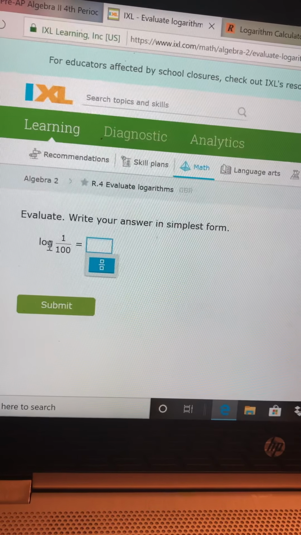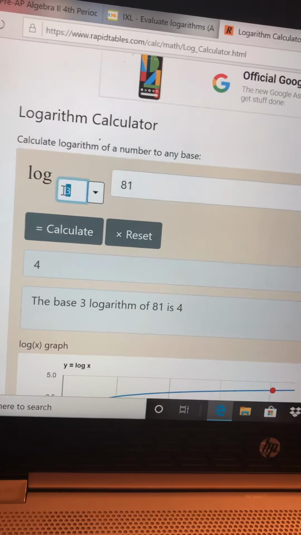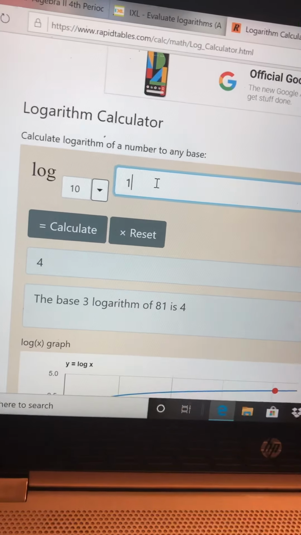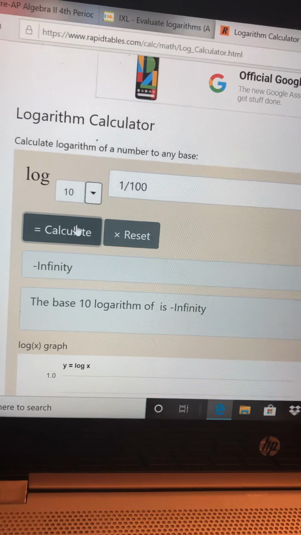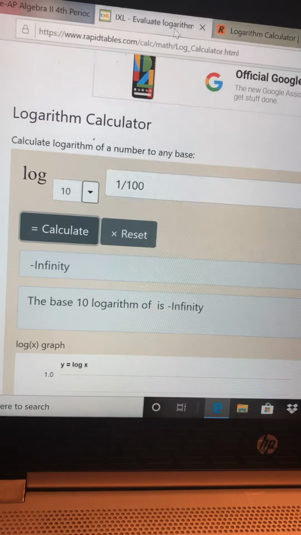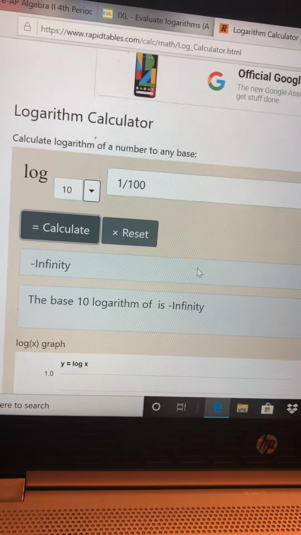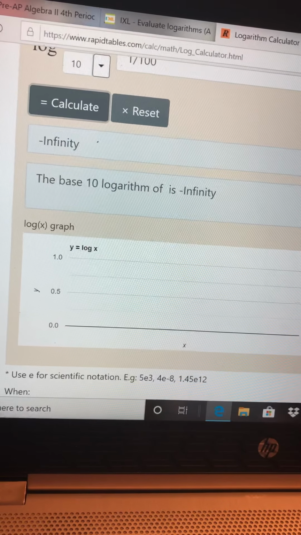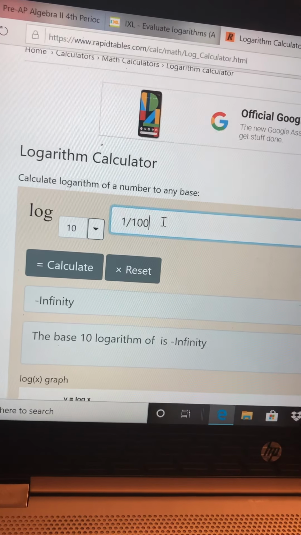Okay, there's going to be a 10 here. And then I have to put 1 over 100. So I'm going to change this to a 10. And this is 1 over 100. It's saying infinity. Maybe I need to type this in a little different.